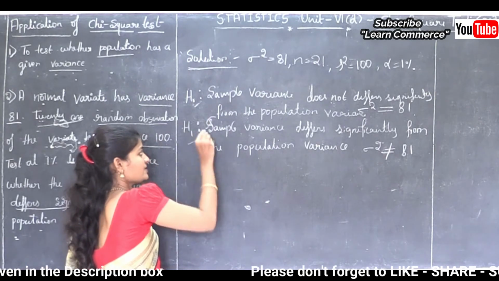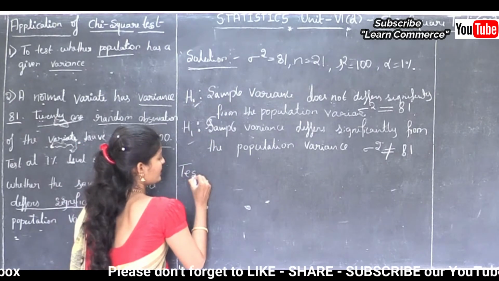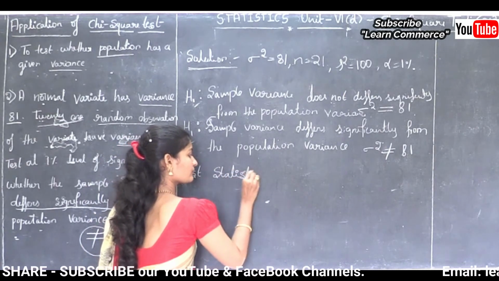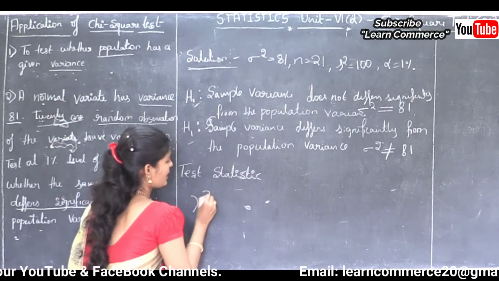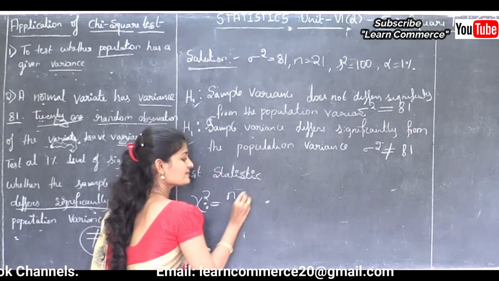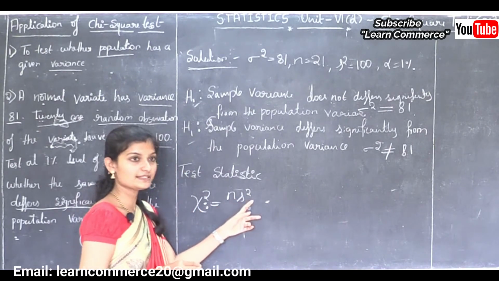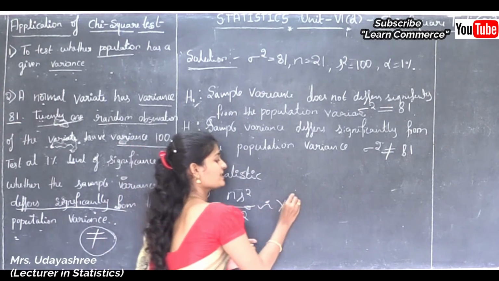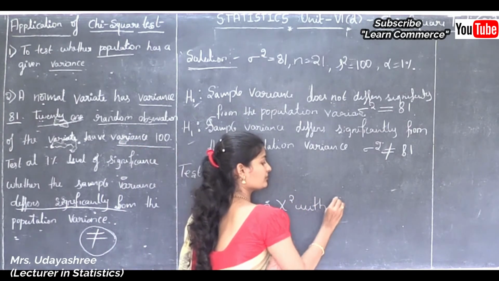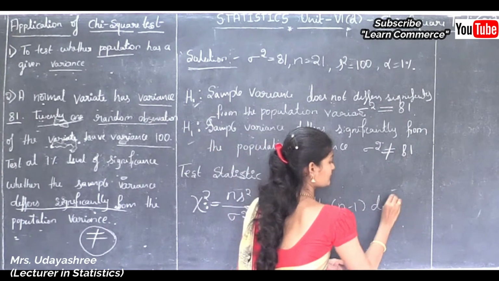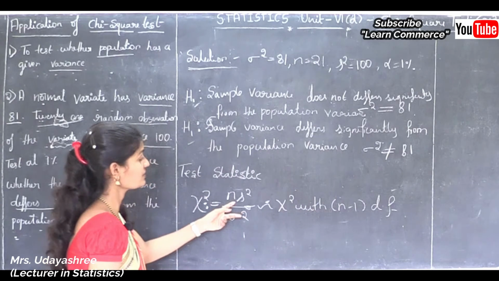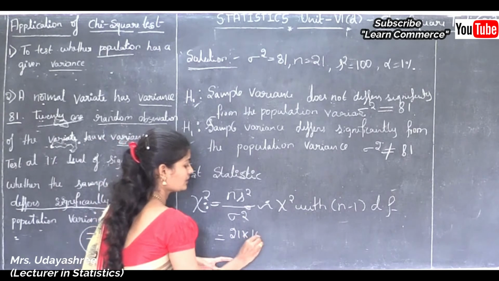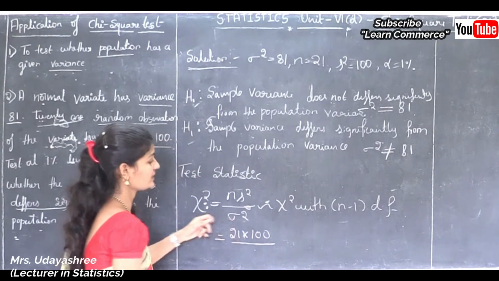Okay, this is step 1, this is step 2, then step 3 is the test statistic. Here this is a chi-square test. Chi-square is equal to n into s square, sample size into sample variance, divided by the population variance sigma square, which follows chi-square with n minus 1 degrees of freedom. Here n is 21, s square is 100, divided by sigma square, that is 81.